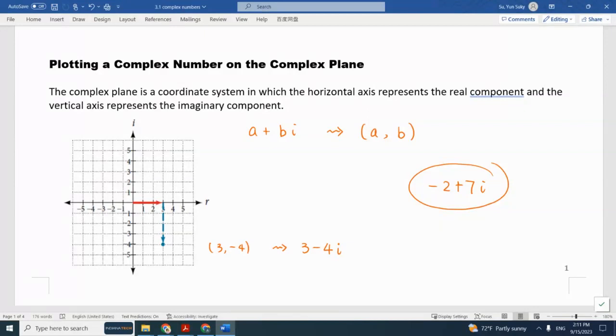So we have the xy ordered pair, and it corresponds to a complex number. The first coordinate is the real part. The second coordinate is the imaginary part. That's why -2 corresponds to -2, 7. So -2 is here, and you go up to 7. This is the point. Is that okay, everybody?